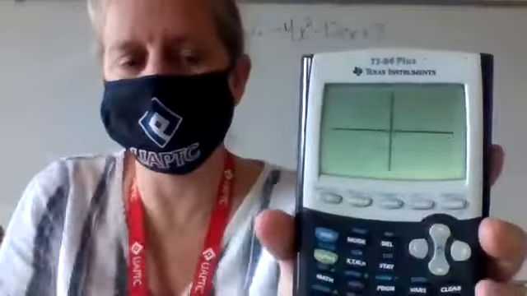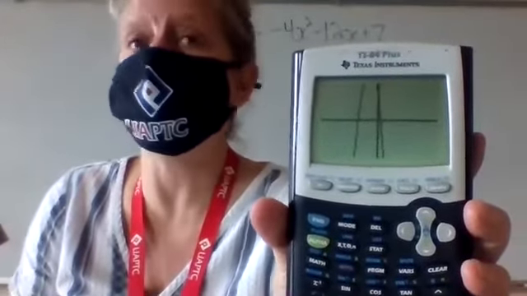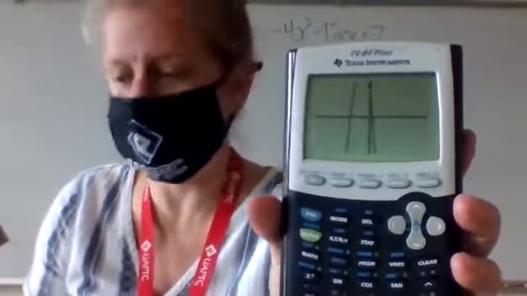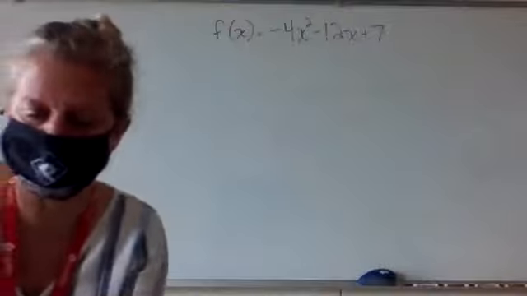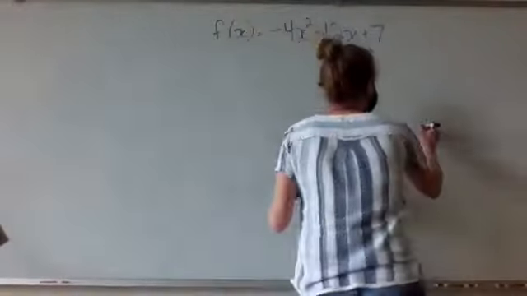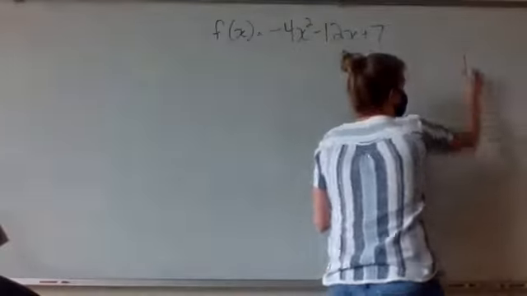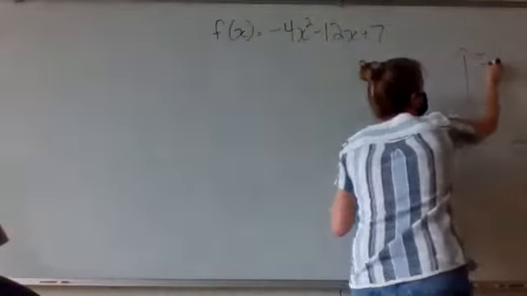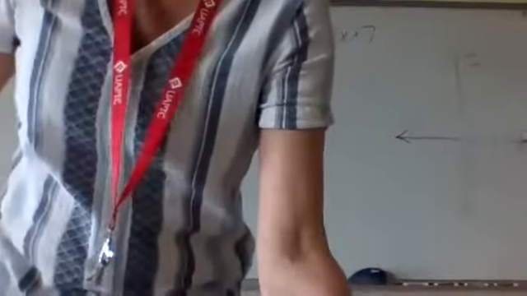Let's graph it and see what it looks like. So it's an upside down parabola this time, right? So I'm just going to sketch a little bit of what it looks like. Because the first thing I'm going to have to do is find the vertex in the calculator. I need to know whether I'm looking for the maximum or the minimum of the parabola, right?